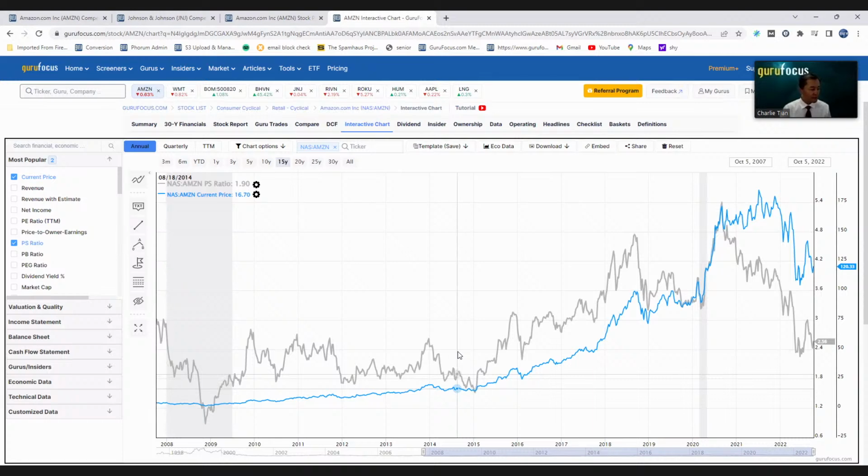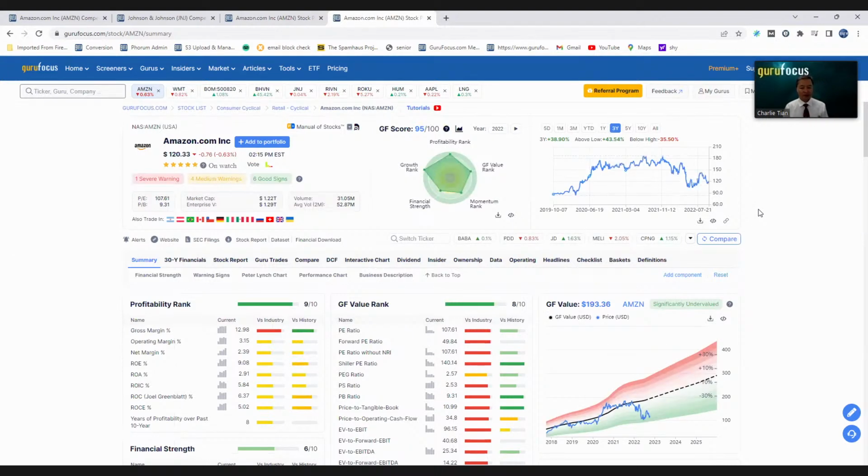And in some cases, it's a very good indication, but I would say that in more cases it's not a good indication of the valuation. More often it's not than it is.